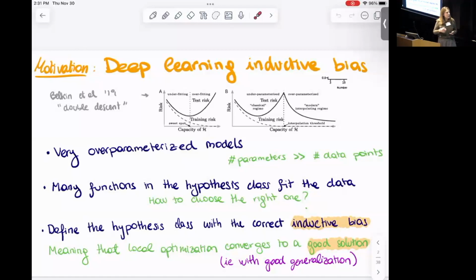So one issue of having very over-parameterized models, with many functions in your hypothesis class that can fit the data perfectly, is the question of how do you choose the right one? How do you choose a class of functions that works well? Meaning that when you do gradient descent or some local method, you converge to something that has the correct inductive bias, meaning that it also generalizes well outside the training set.